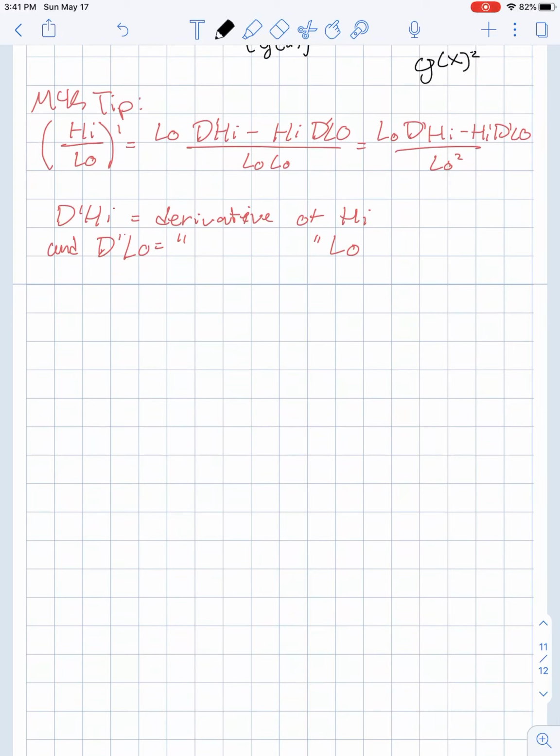An example. We're going to do 2 examples for this one because there are some places where you don't always think quotient rule, or where we can use quotient rule.